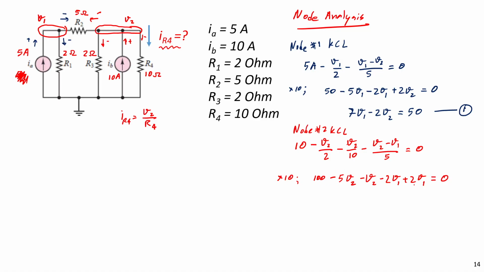Then we rearrange this equation. Sorry, this is V2. We get 2V1 minus 5V2, 1V2, and 2V2, then 8V2, equal to minus 100 when moved to this side.